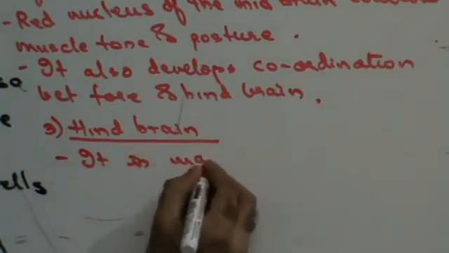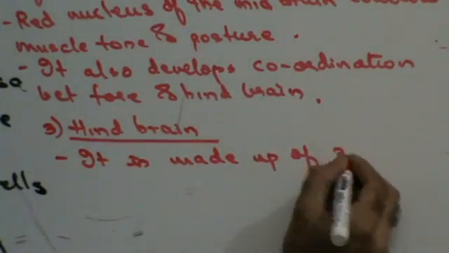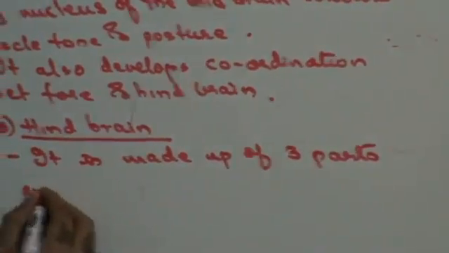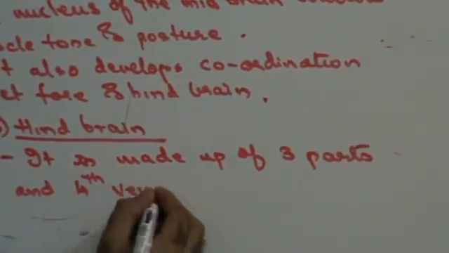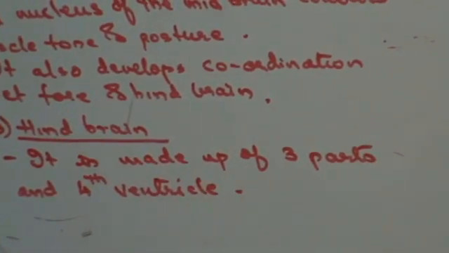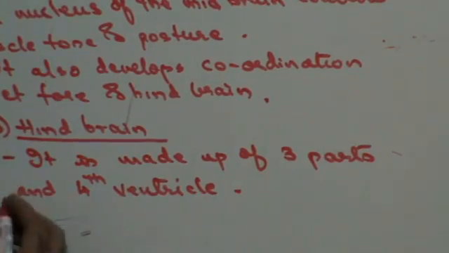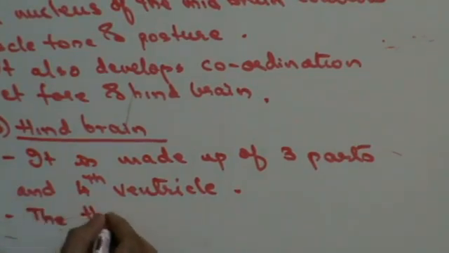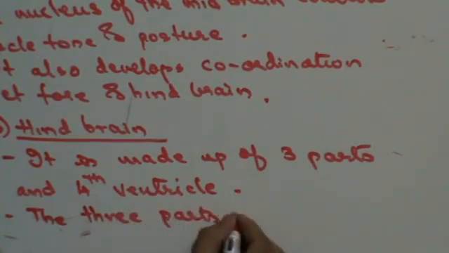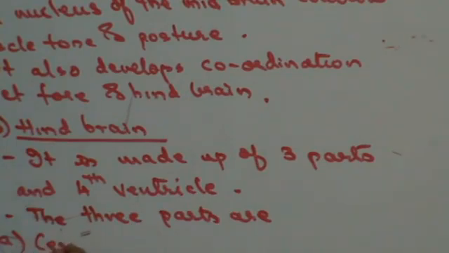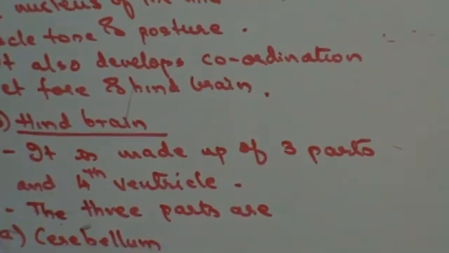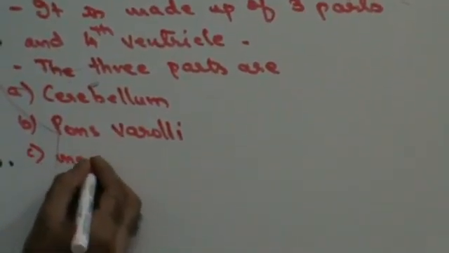The three parts are A. the cerebellum, B. pons varolii, and C. medulla oblongata.